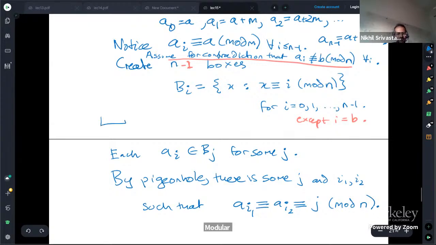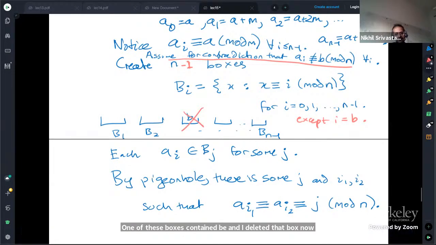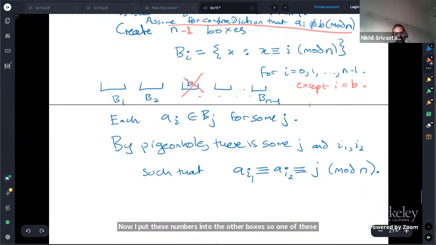Right, so the picture is I had originally these n boxes. But one of these boxes contained b and I deleted that box. And now I put these n numbers into the other boxes. So one of these boxes has to have 2 numbers. But now this is going to be a contradiction, right?